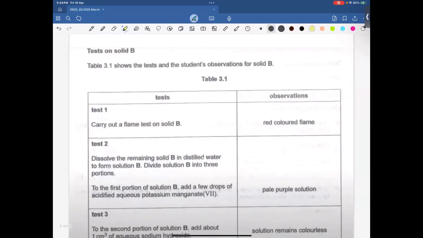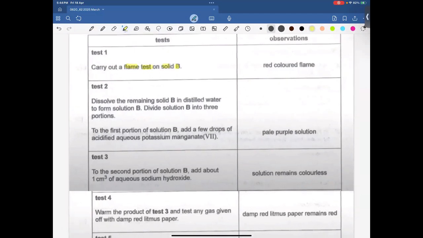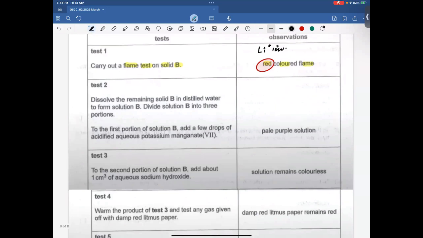Now the tests on solid B. Carry out the flame test on solid B. A red flame shows that it must be lithium ion. According to the syllabus, lithium has a red flame color.